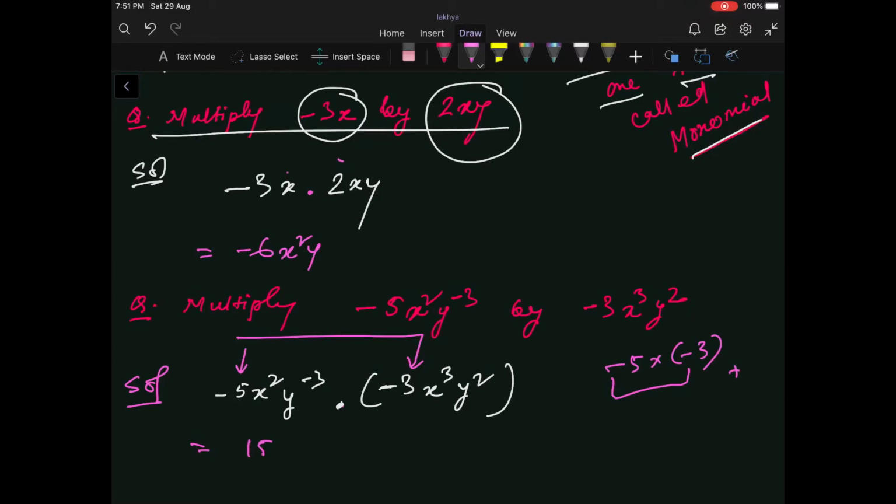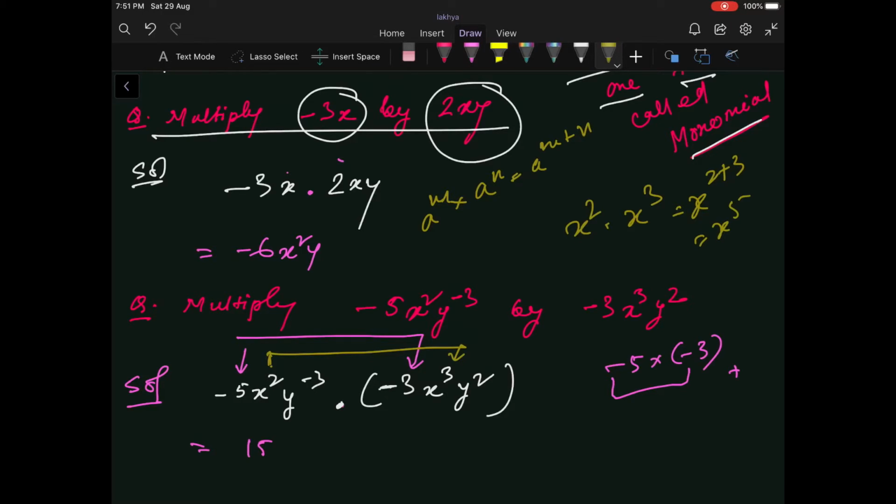Then you need to multiply the similar variables, x square and x cube. Here apply the law of index: a to the power m into a to the power n is equal to a to the power m plus n. So according to that law, this should be x to the power 2 plus 3, that's equal to x to the power 5. So here we have got x to the power 5.